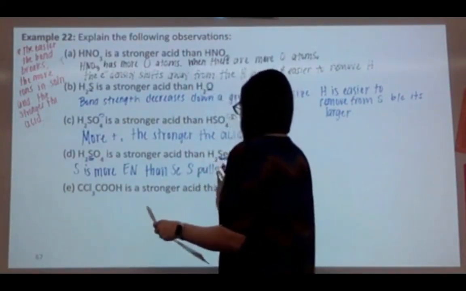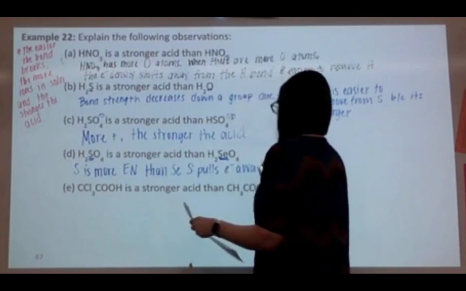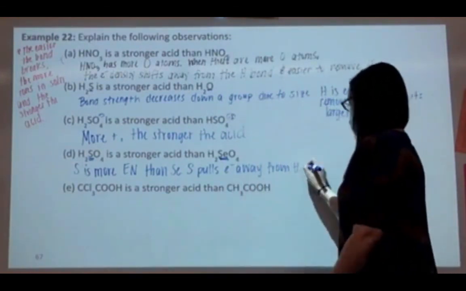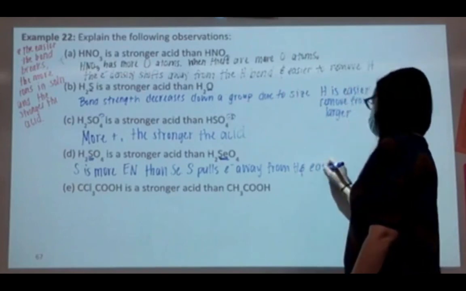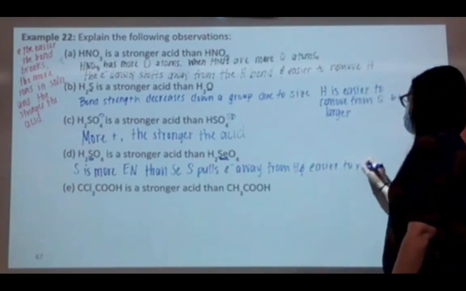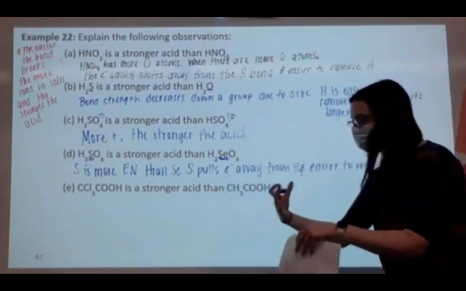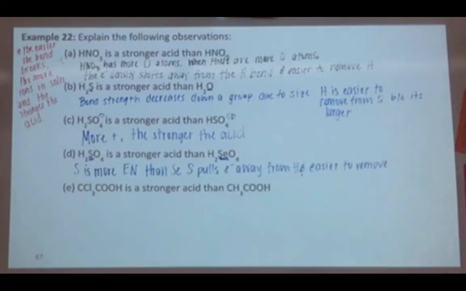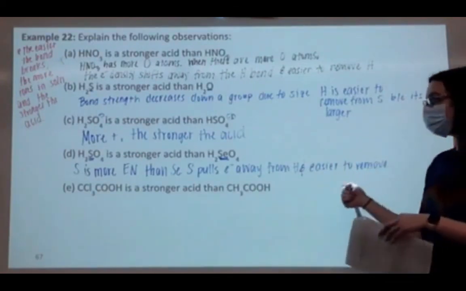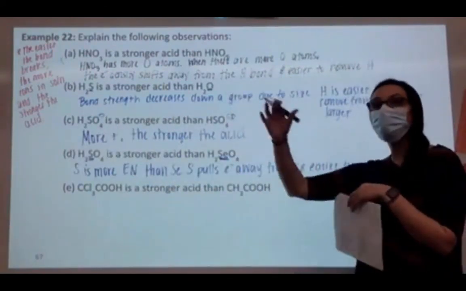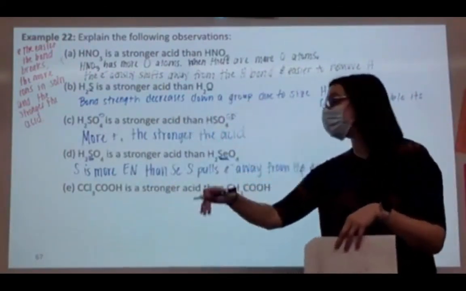So S pulls electrons away from the hydrogen, and it's easier to remove. So kind of like with the oxyacid idea, sulfur is more electronegative. Sulfur is pulling the electrons toward it more than selenium. And so since sulfur is pulling the electrons toward it more, hydrogen is easier to remove.